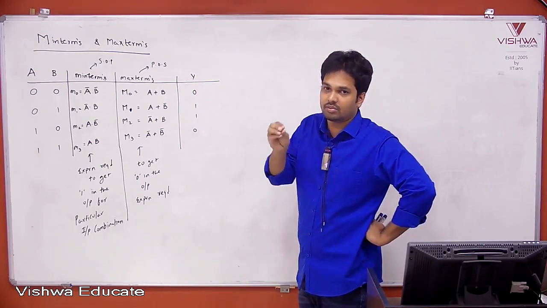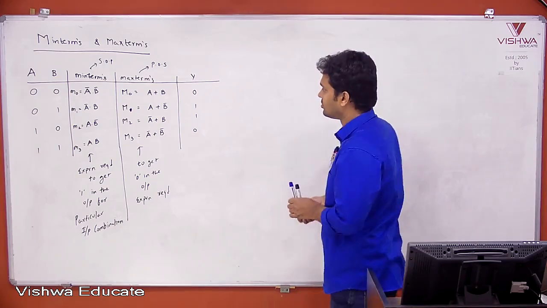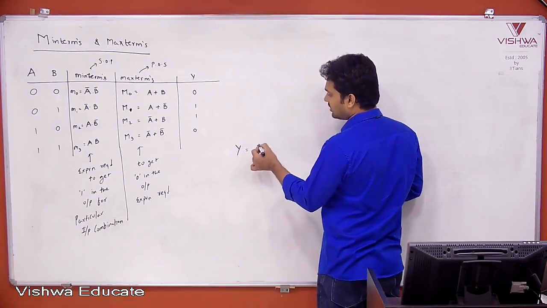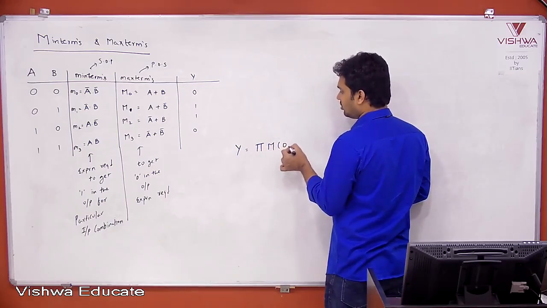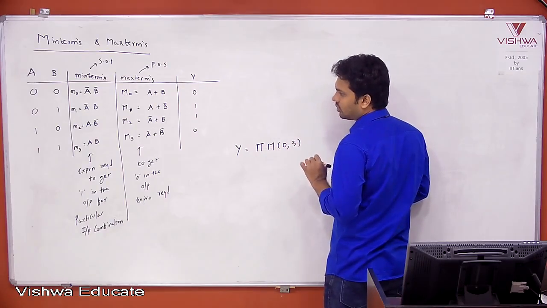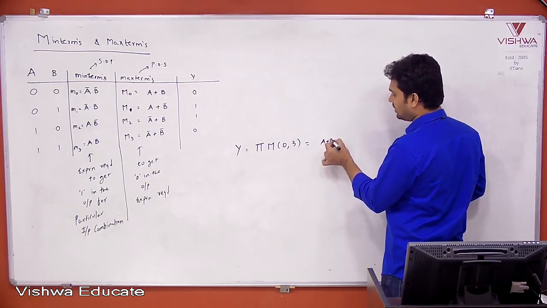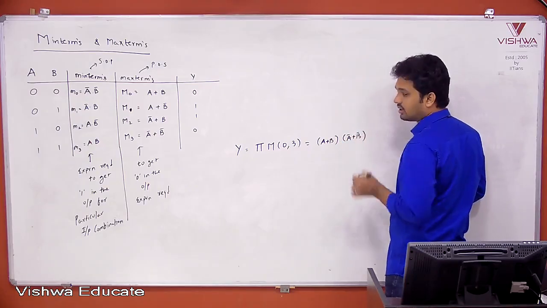If any one of them is 0, output is 0, so what is the operation we should take? AND operation. So your output is the AND symbol, product of max terms 0 and 3. Or it is equal to (A plus B) into (A bar plus B bar).